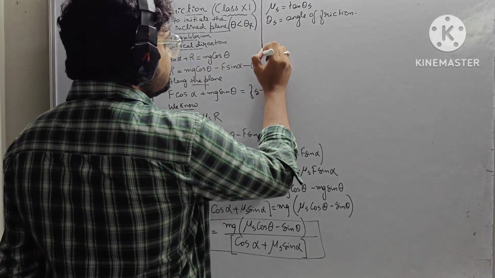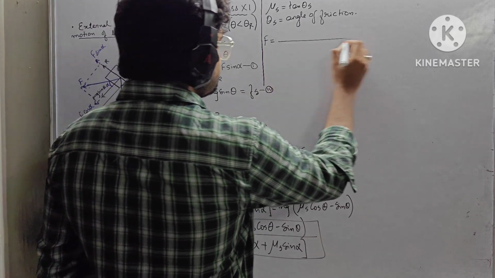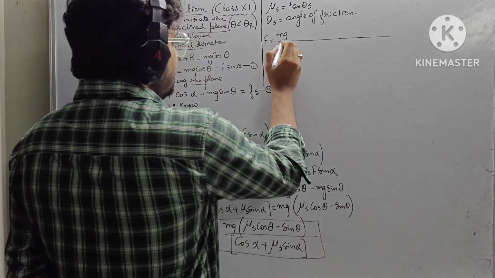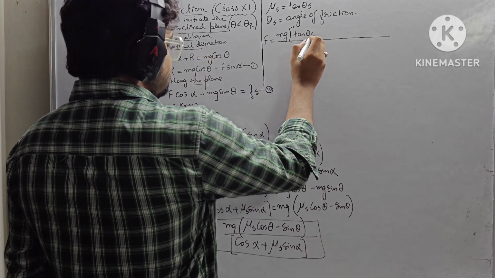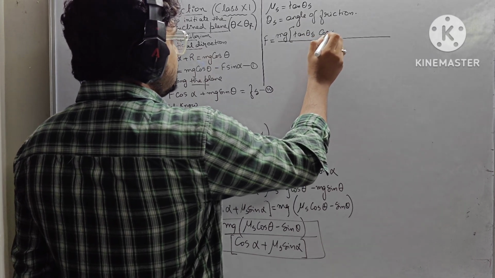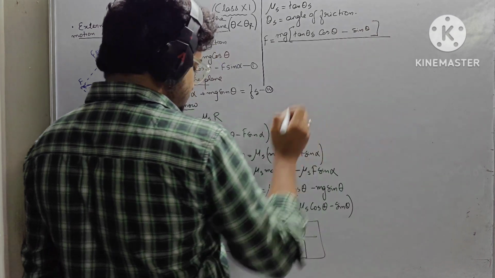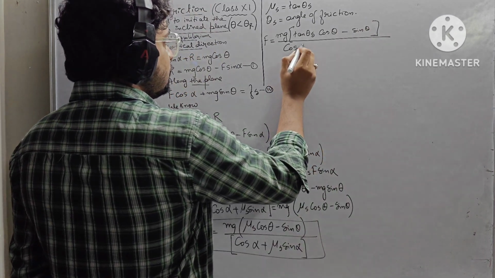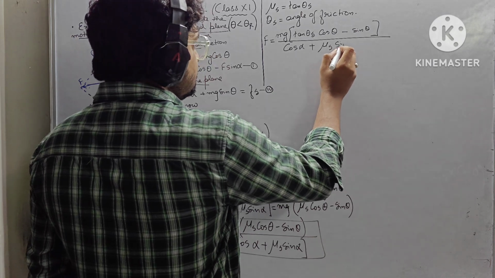So I will get F is going to be mg, tan theta s into cos theta minus sin theta, divided by cos alpha plus mu s sin alpha.